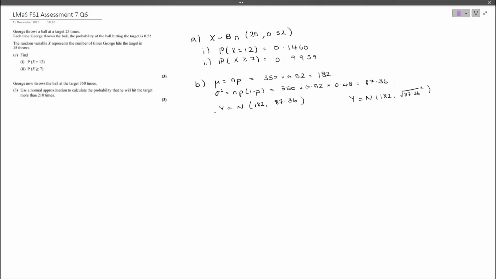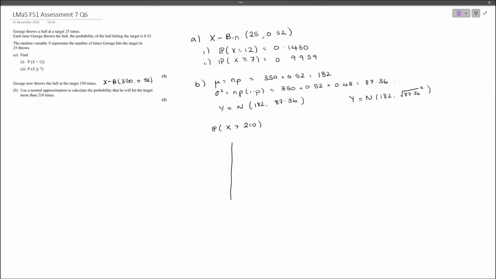So we want the probability, if X was our distribution binomial 350, 0.52, that X is more than 210. So I need to perform a continuity correction.